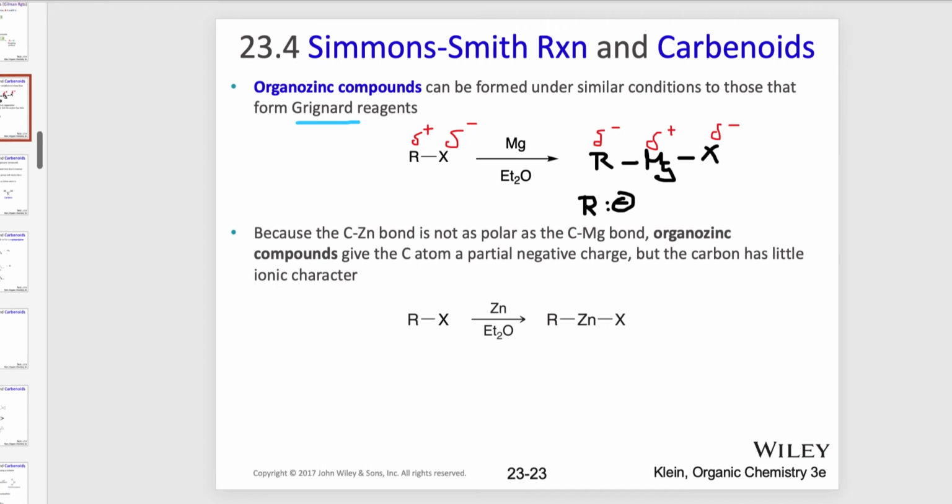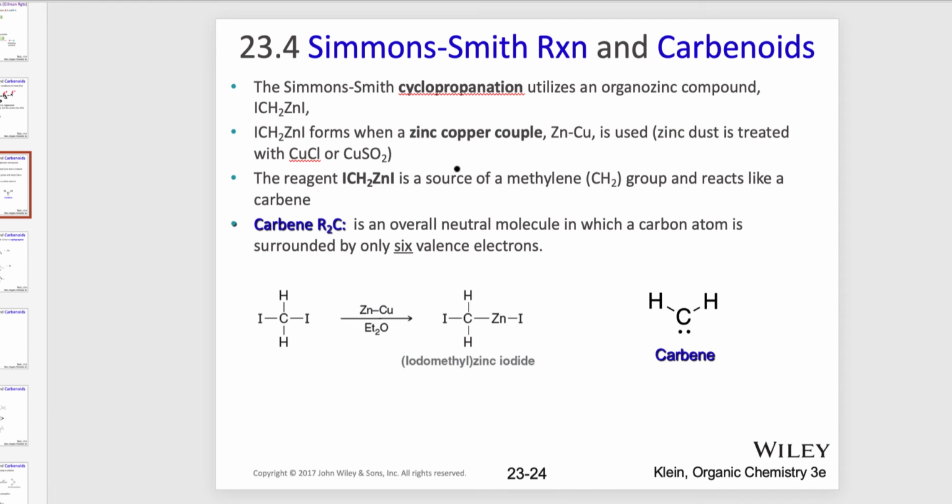They're less reactive and more selective. But there's really a variation of using organozinc compounds that's described in the Simmons-Smith reaction. This is referred to as a cyclopropanation reaction, meaning that you're making a cyclopropane ring in this reaction. The reagent that's being utilized is ICH2ZnI.